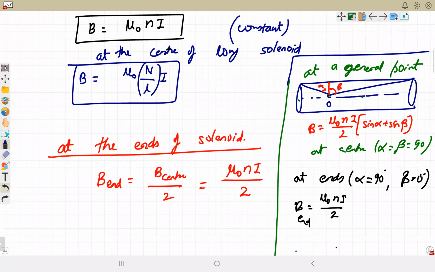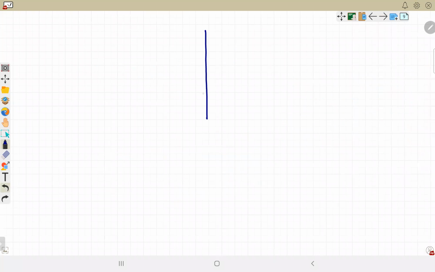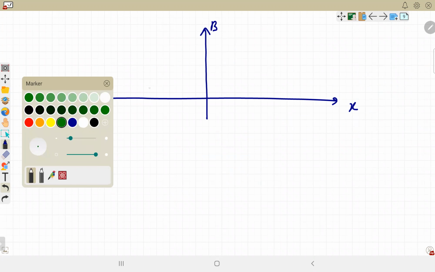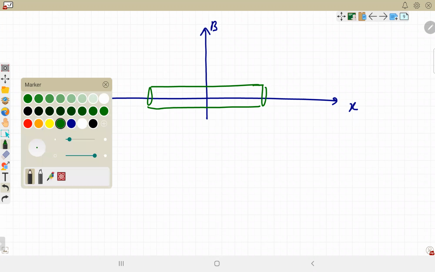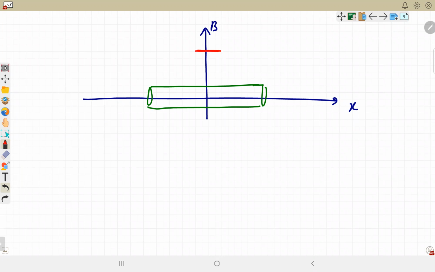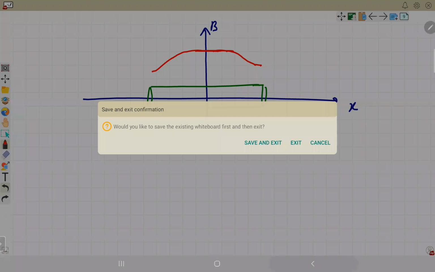So if we draw the magnetic field versus x graph, where x is the distance from the center, if this is the solenoid lying here, at the center it is mu naught nI, almost constant, but when we go toward the end, it reduces to half of its value.